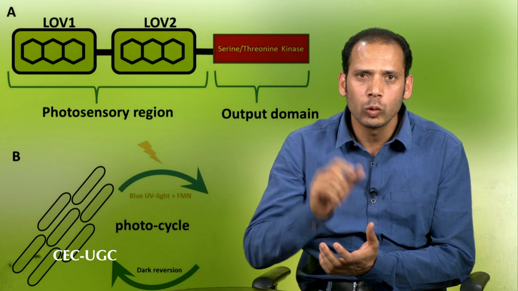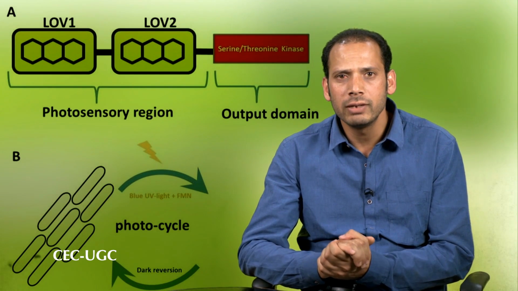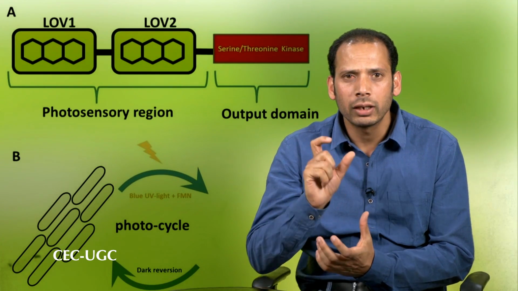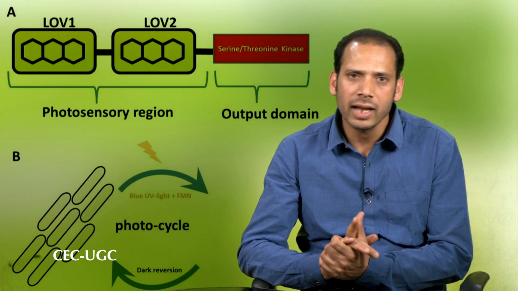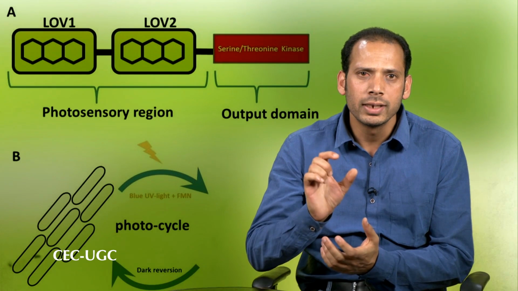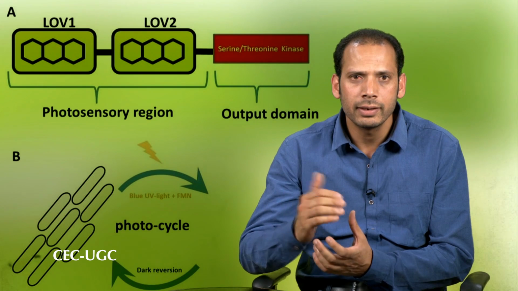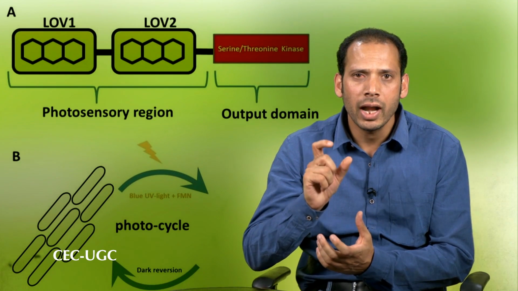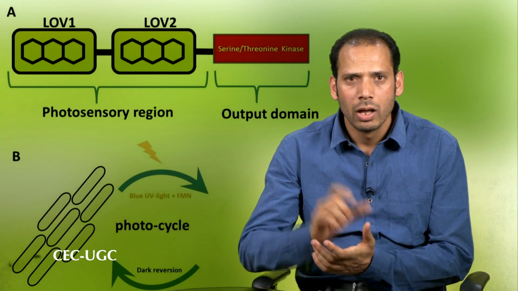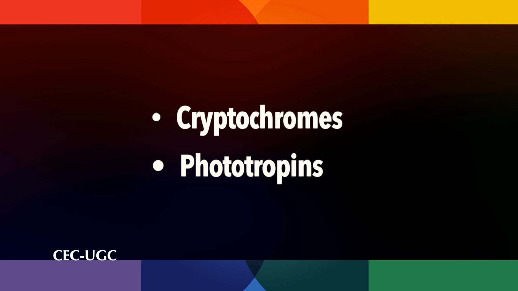Because of the vital role of the stomata in regulating gaseous exchange between leaves and the environment, stomatal opening is tightly regulated by several internal and external mechanisms including circadian cues, intracellular carbon dioxide levels, drought, and both red and blue light. Blue light dependent stomatal opening is controlled by both cryptochromes and phototropins.